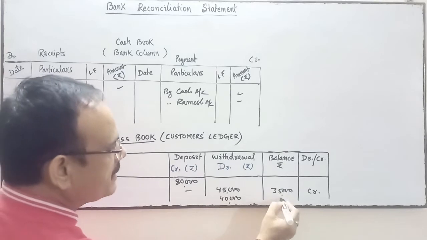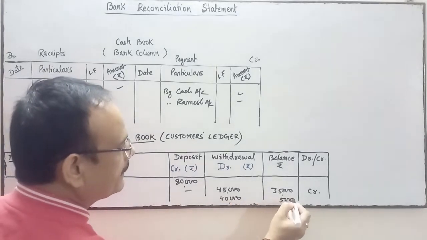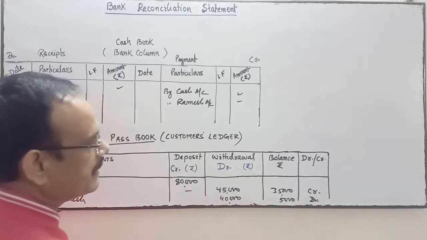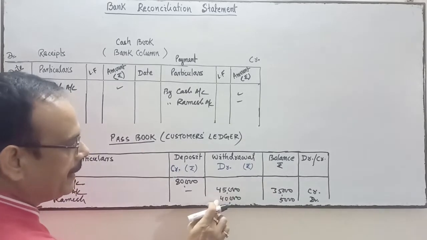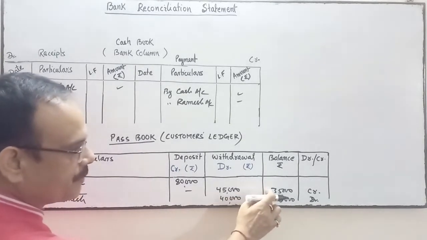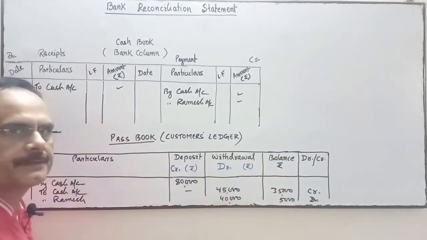So the next balance is 35 minus 40. The next balance is 5,000, and this balance is a debit balance because credit is 35 and debit is 40. So the 40 debit exceeds the credit balance. So the difference indicates 5,000, and this balance is your debit balance.